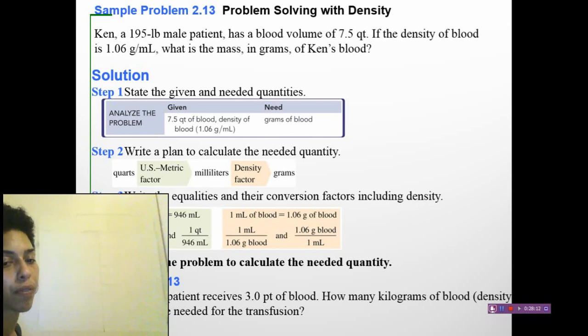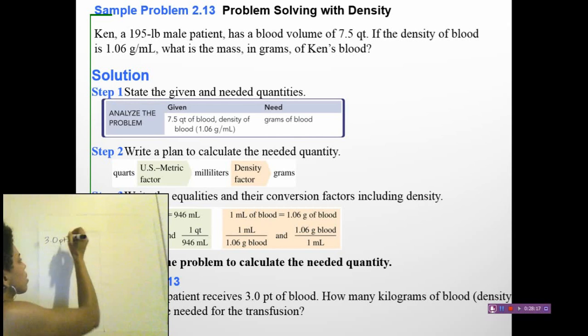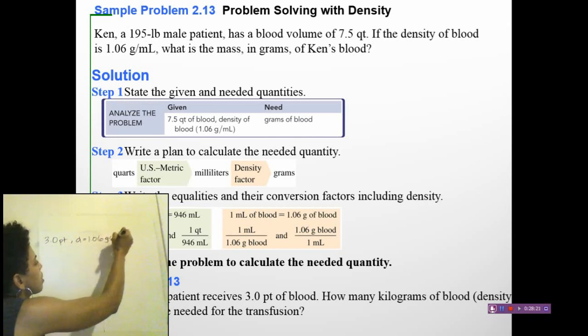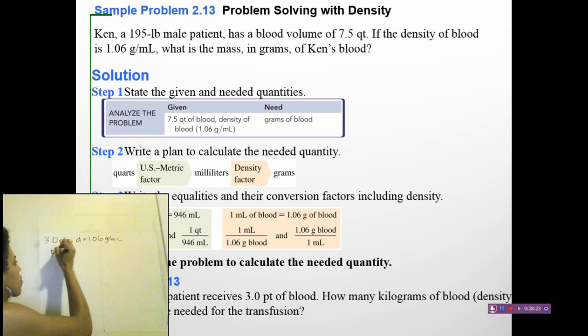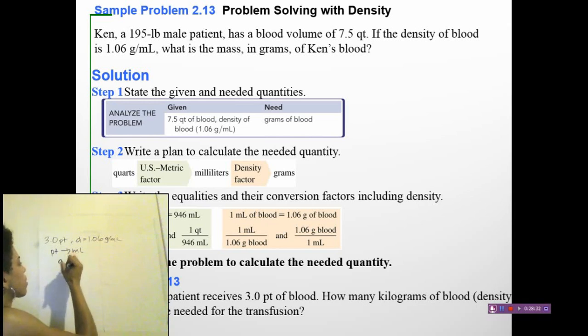And we need to go from pints to milliliters. So we've got 3.0 pints, and the density is 1.06 grams per milliliter. So we've got to go from pints to milliliter, and we need to now also go from grams to kilograms.